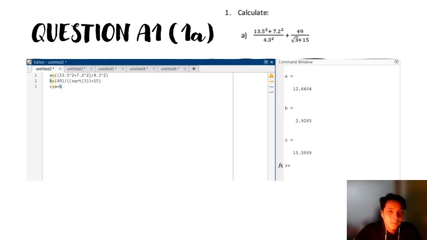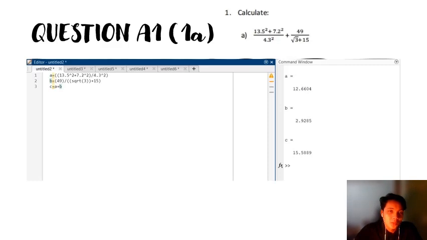So for B, this is just a similar instruction as A. For the dividing part, we need to use this slash, and for the square root, we need to utilize the sqrt function, and in the bracket we need to insert the value that we want, which is 3.